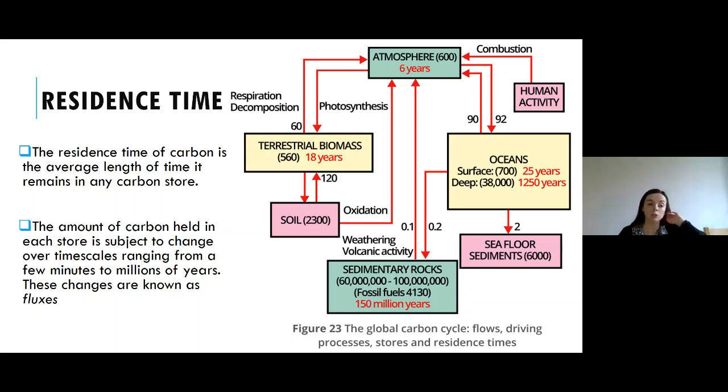These changes are known as fluxes. As you can see in this diagram here on the screen, the residence time of the carbon is at its longest locked away in sedimentary rocks and fossil fuels at 150 million years, before weathering and volcanic activity eventually release the carbon.